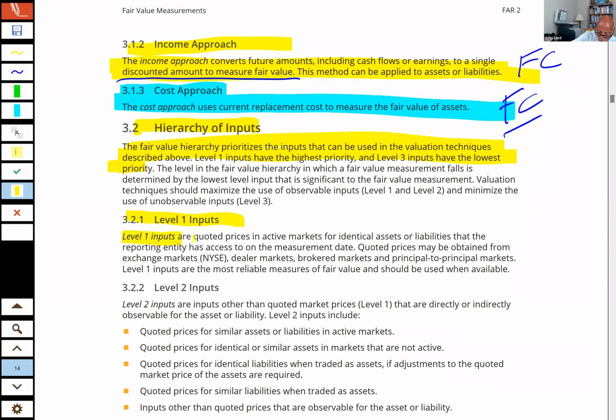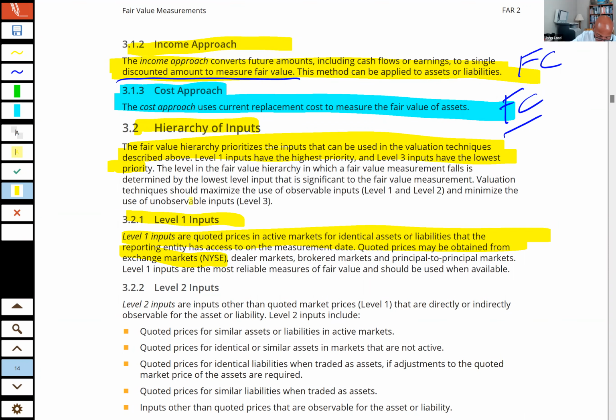Level 1 inputs are quoted prices in active markets for identical assets, for example, quoted prices on the New York Stock Exchange. Piece of cake. You hold 20 shares of Apple stock. Apple stock is trading for X per share. Multiply the number of shares you have times that year-end quoted market price. You're done because you have those level 1 inputs.